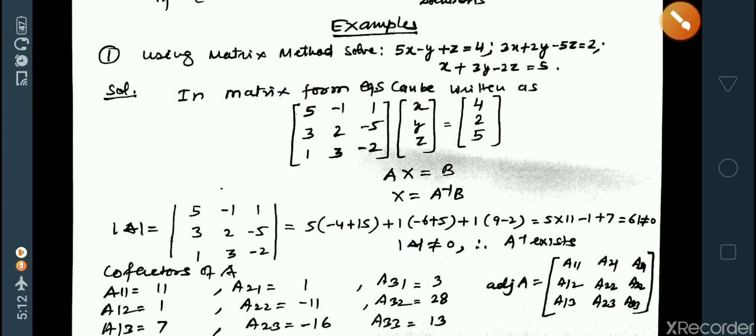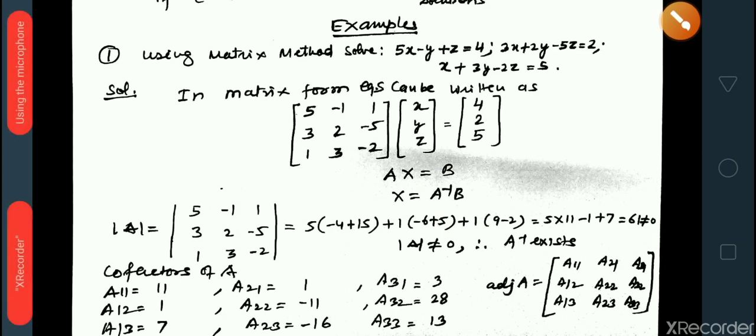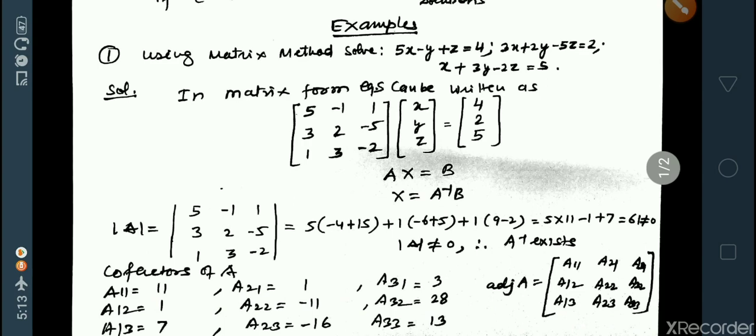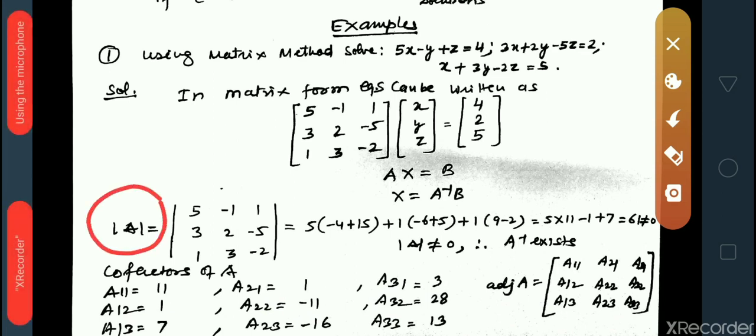Okay, so we need to find first A inverse. As I discussed, if you don't know how to find A inverse, then please visit my previous video. Here first we find the determinant of A, and it is 61. That means it is not 0, and so A inverse exists.